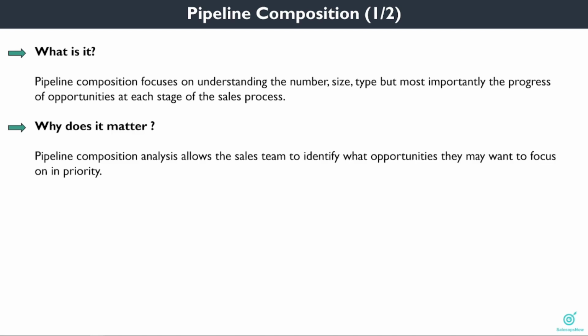For instance, it is not unusual for the sales team to push opportunities through the sales process more aggressively towards quarter end or year end in order to meet their sales quotas. As a result, it could be expected that around those times, the pipeline is composed mostly of opportunities in the later stages of the sales process.